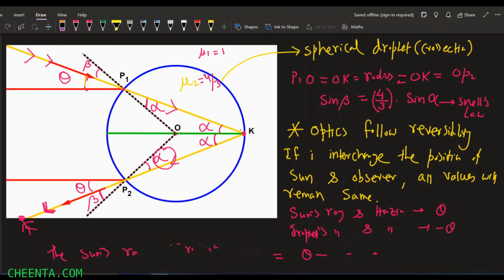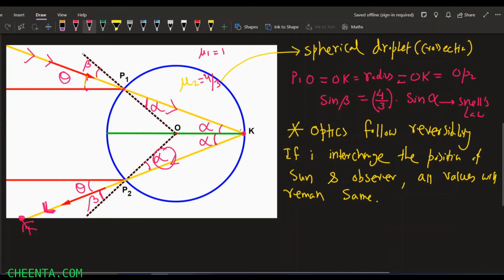I hope it is clear. So we have to find the value of 2 theta for which we can see the rainbow. Now that we have found our goal, let's proceed to reach it. So what will be the value of this angle?